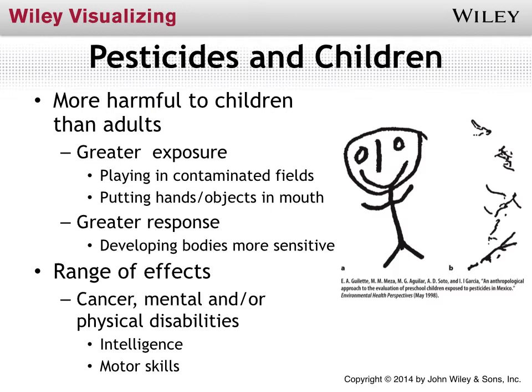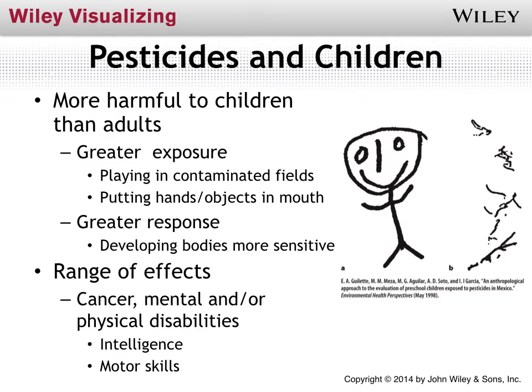Pesticides and other chemicals can have a wide variety of effects on the people that are exposed to them. Everything from various types of cancer to developmental problems that can affect their mental or physical abilities in the future. So primarily things like intelligence and motor skills, as demonstrated by the figure on the right.